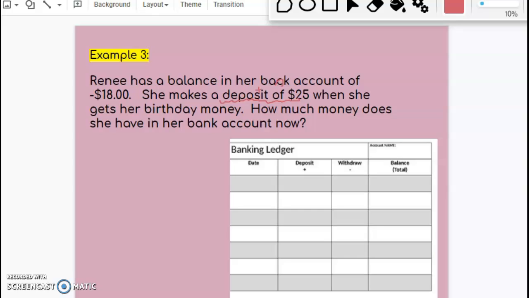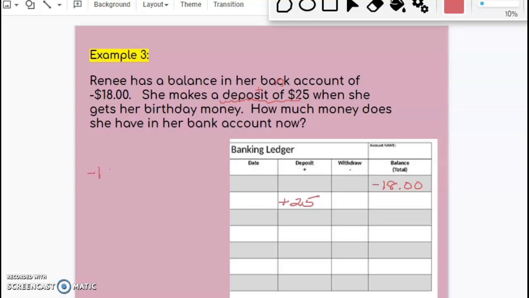So think about what this means. This is called a bank ledger. We're going to start with her balance. Her balance is negative 18, right? And she deposited $25. So she's adding $25 back. So what is her balance now? Well, let's see.